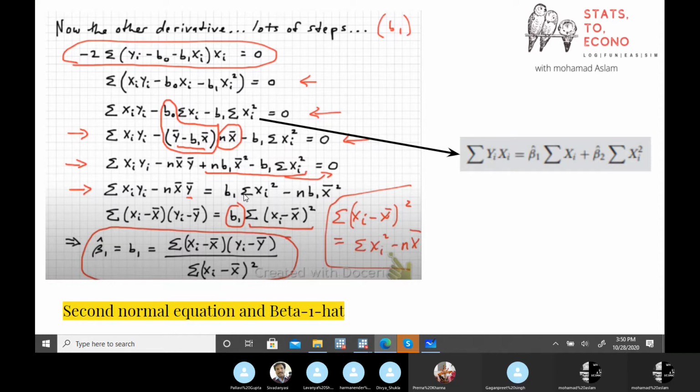Now take the beta 1 terms to the right hand side. So this negative will become positive and this positive becomes negative, and this will remain the same.